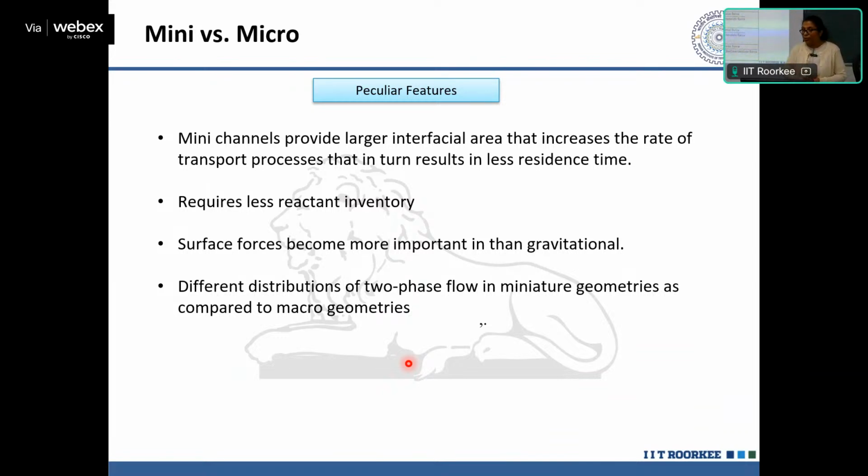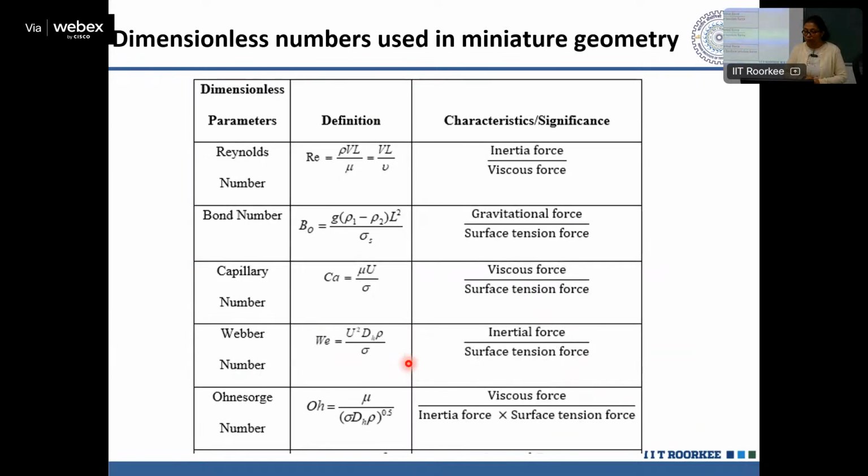But again, just a recapitulation: the ratio of the forces in miniature geometries is widely different from that in the macro channel. Some of the important numbers are listed over here that we use frequently for reporting, for analyzing the flow regimes as well as pressure drop in miniature geometries. So we started with Reynolds, then Bond, capillary, Weber, Ohnesorge.